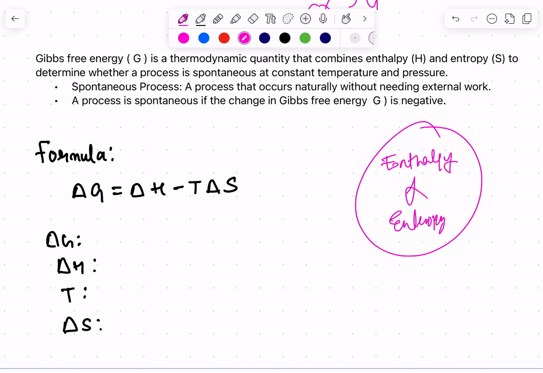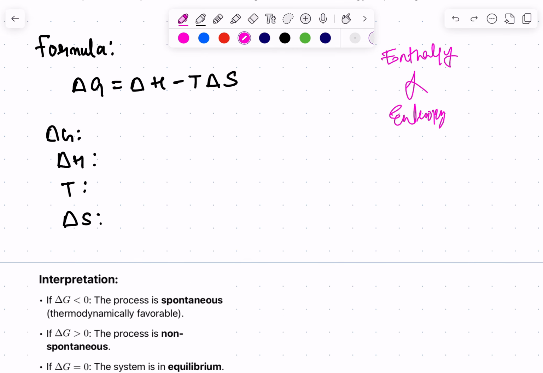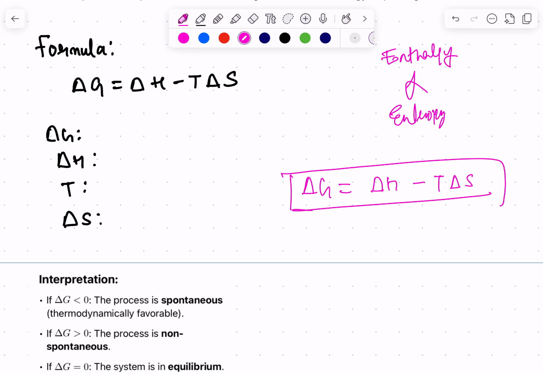So the general formula for the Gibbs energy, or the change in Gibbs energy, will be your total enthalpy minus T delta S. So it will be delta G is equal to delta H minus T delta S. This will be your formula.